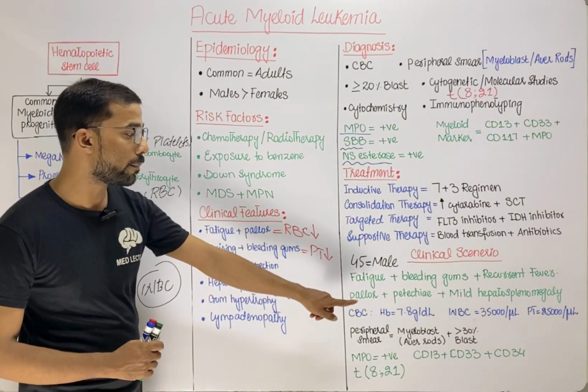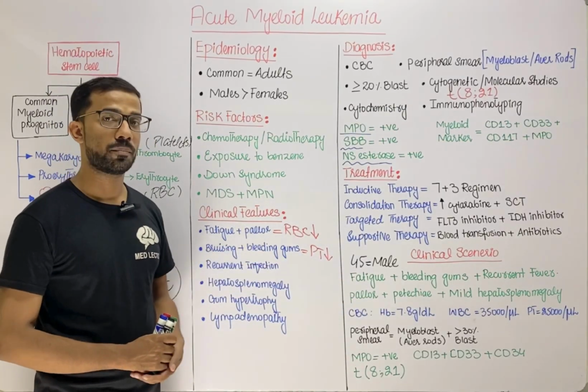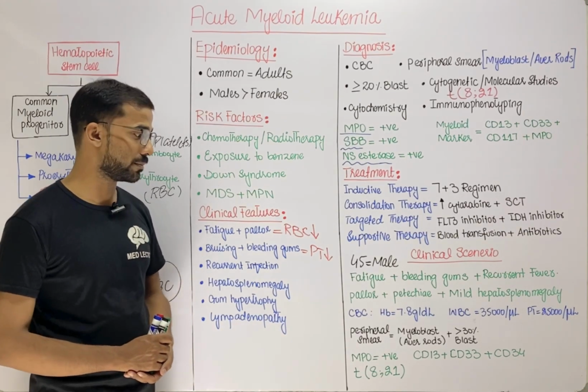Peripheral smear shows myeloblasts along with Auer rods, and greater than 30% blasts are seen in the peripheral smear.